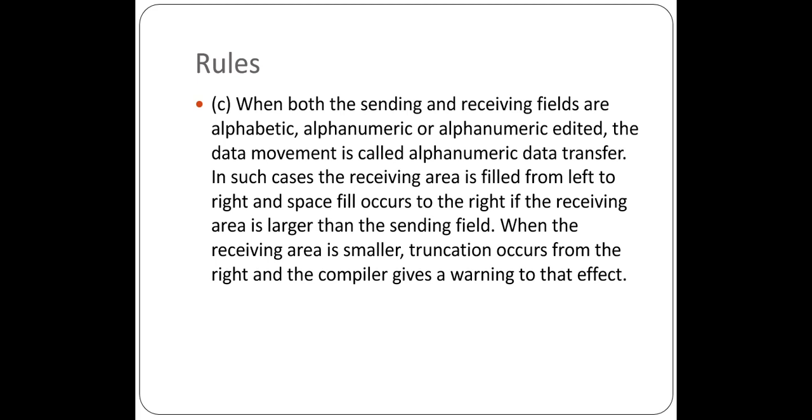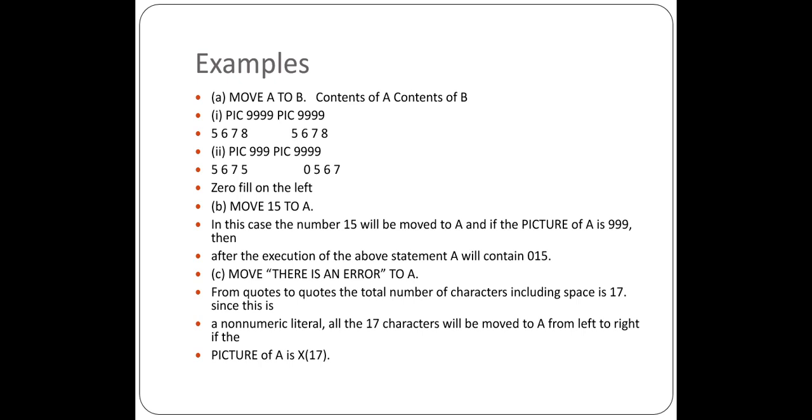So in these types of data movement, the receiving field will truncate some of the values that it received from the sending field. So these are the problems that may happen while the size of the sending field and receiving field is not matching. And we have some examples over here.